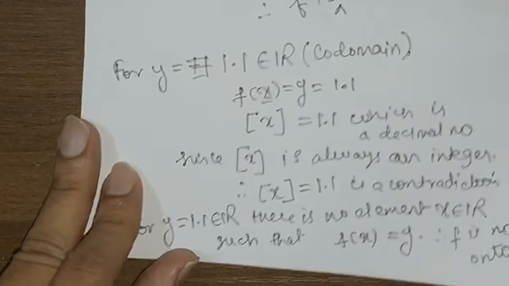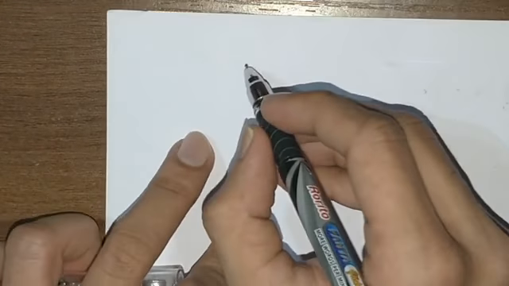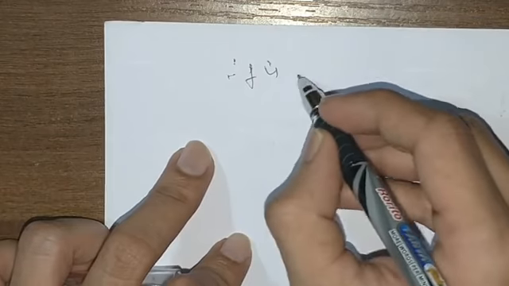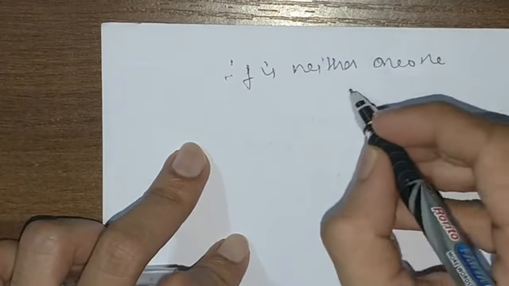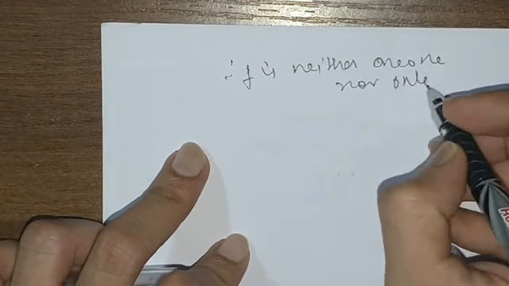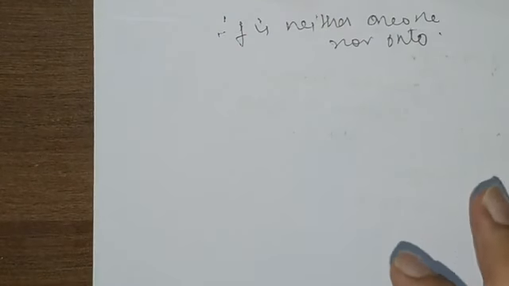So what we have proved? We have proved that f is neither 1-1 nor onto. So that is problem number 3.